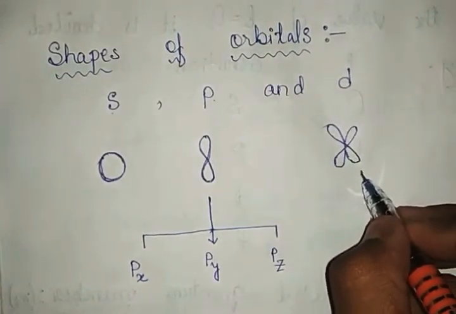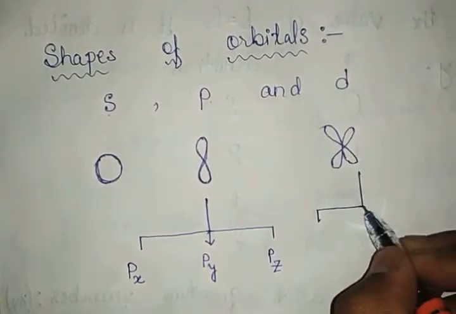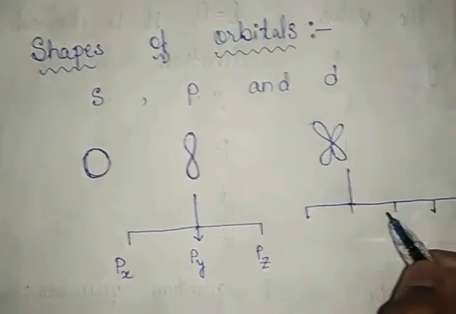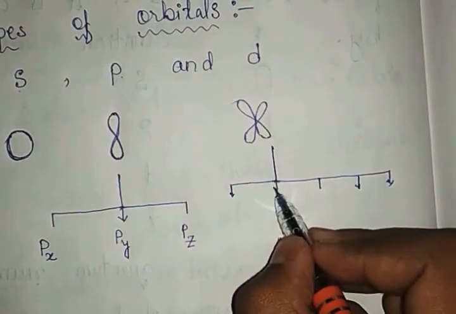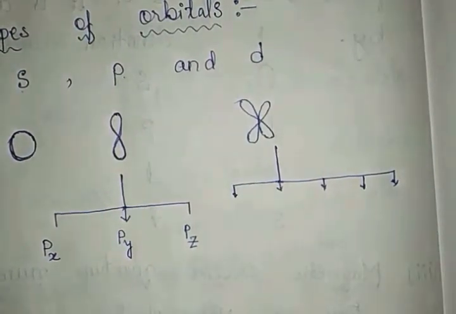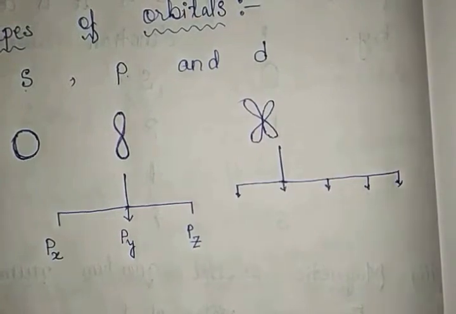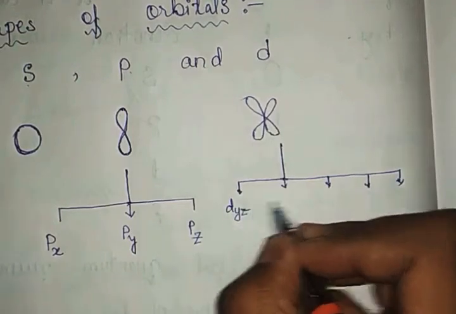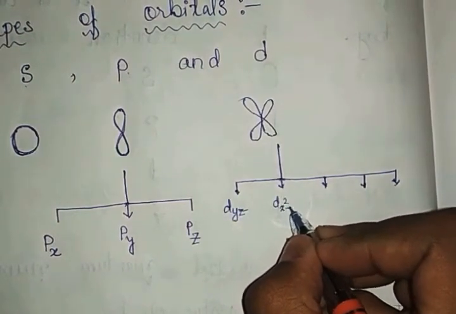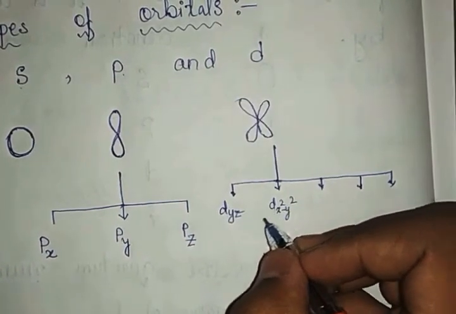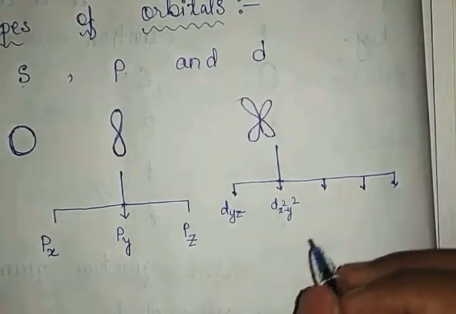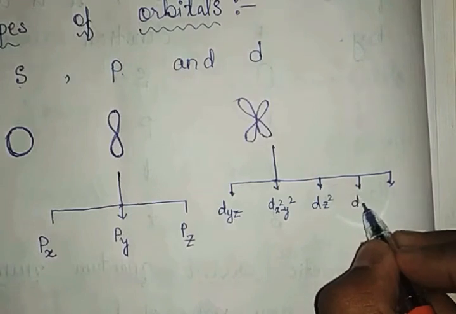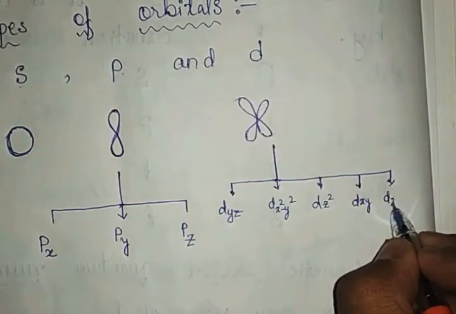And the d orbital has 5 suborbitals. These 5 suborbitals are named dyz, dx square minus y square, dz square, then dxy and dxz.